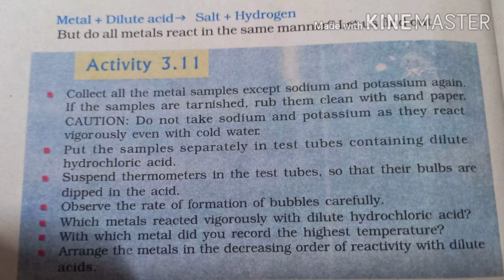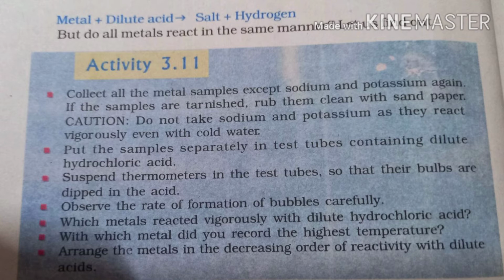We can also place a thermometer in the test tube so that we can measure the temperature and find out whether the reaction taking place is exothermic or not. When we are treating the metals with hydrochloric acid, we will observe the rate of formation of bubbles carefully. We will observe which metals react vigorously with dilute hydrochloric acid.